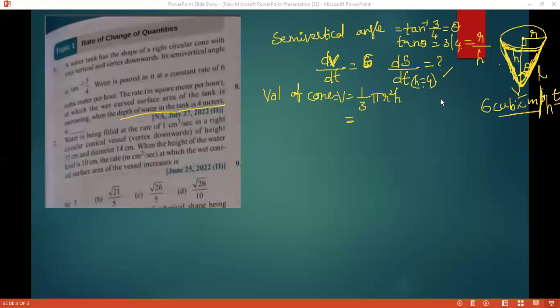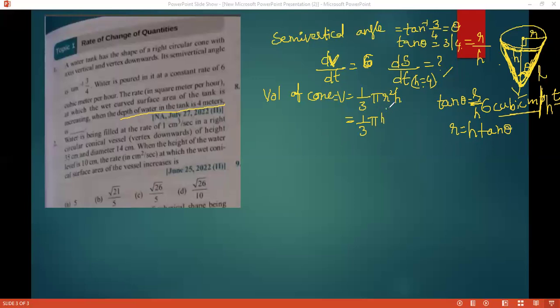We know tan theta is equal to r by h, right? So r is equal to h tan theta. Then I am substituting here. Instead of r, I substitute r is equal to h tan theta.